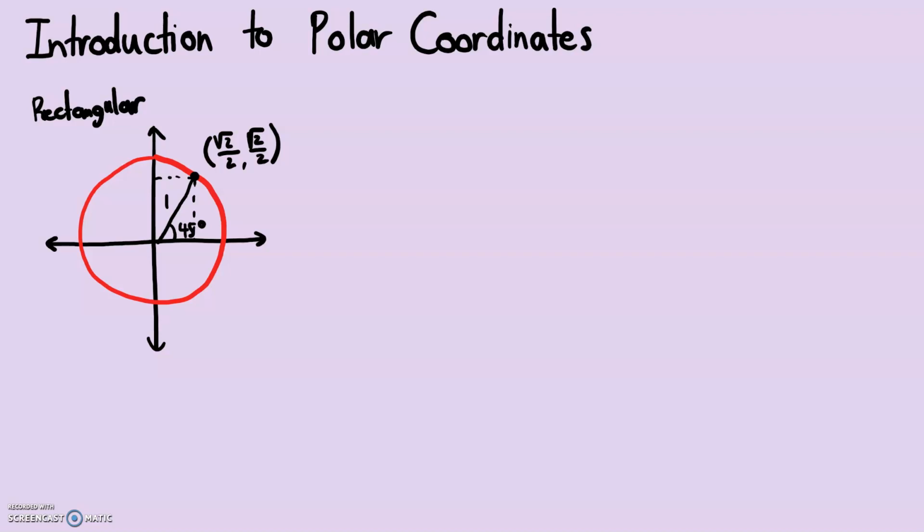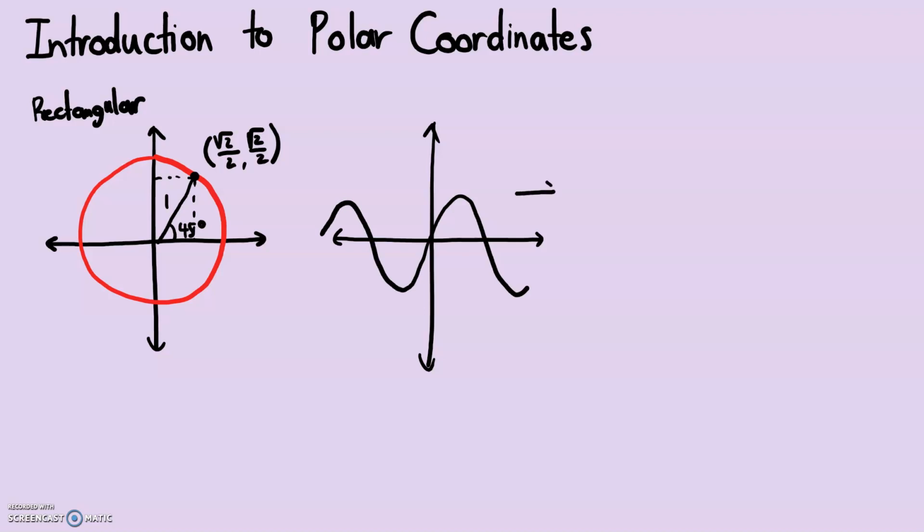And also polar coordinates are good when there are periodic properties, such as trigonometric functions. Trigonometric functions are much easier to visualize in polar coordinates because on a rectangular coordinate plane, for example, if you're drawing a sine graph, it goes on forever in both directions, so it's hard to visualize the whole thing in one picture, right?